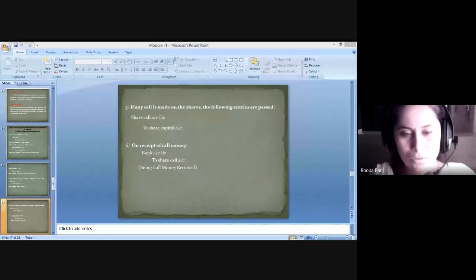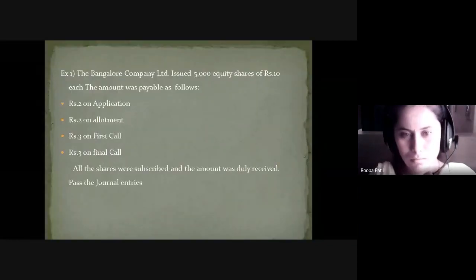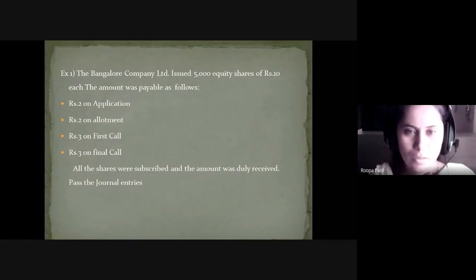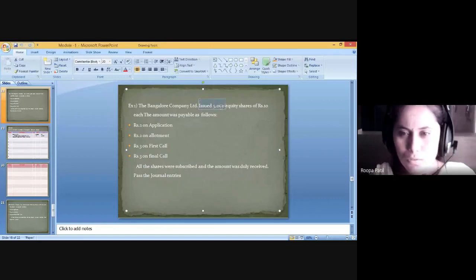Yes. So our first problem, the first example: The Bangalore Company Limited issued 5,000 shares. So this 5,000 is the number of shares.